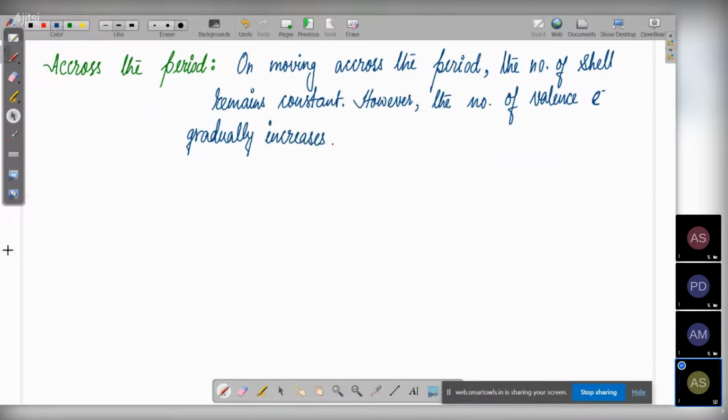This leads to an increase in effective nuclear charge.